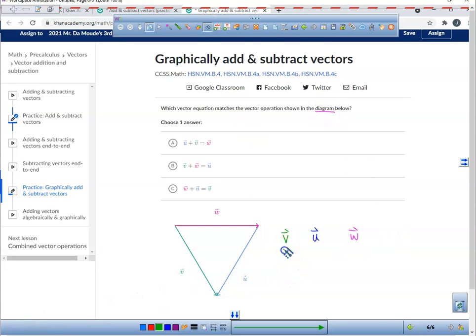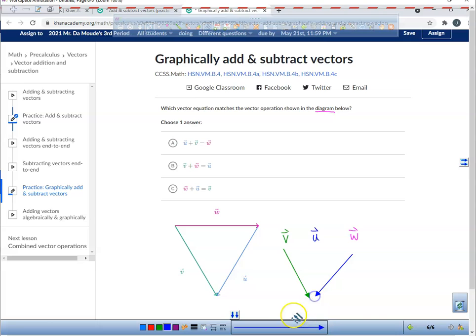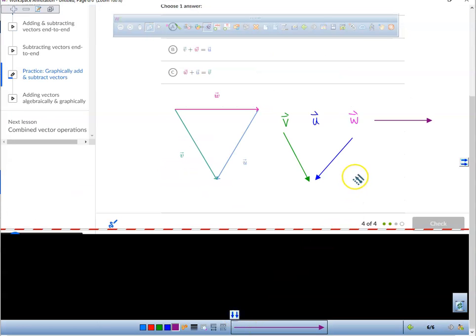So vector V goes down like this. Vector U goes down, I'm going to move it over here, goes down like this. And vector W goes across like this. So we're going to match up these. We're just going to set these up. Okay, so right now, U plus V. What is U?